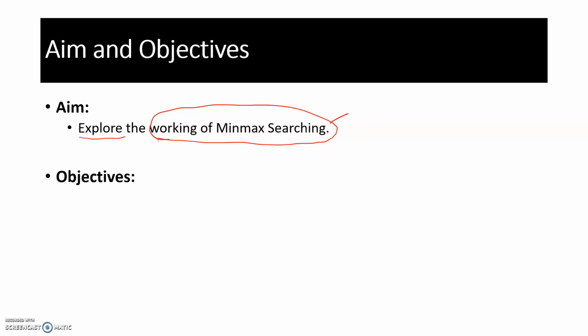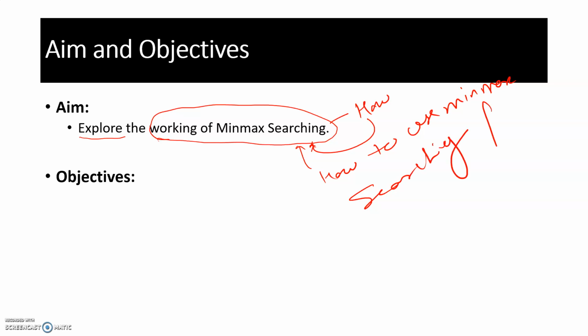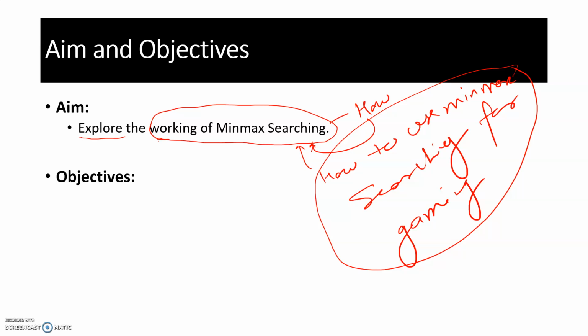So we want to understand how Minimax search algorithm works, and then how we will use Minimax searching for gaming. So this is what we want to understand in this session. So this is the overall aim.